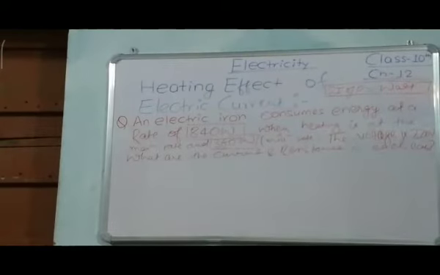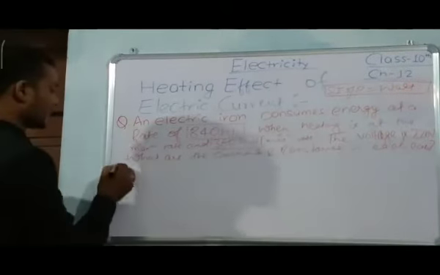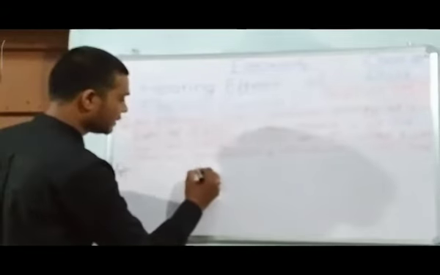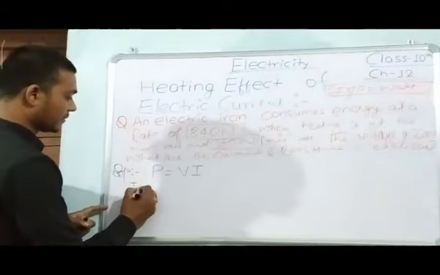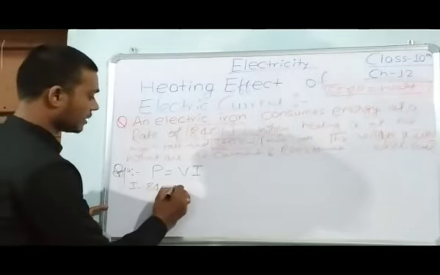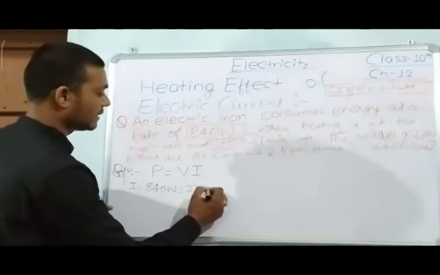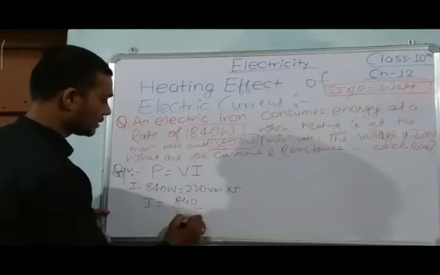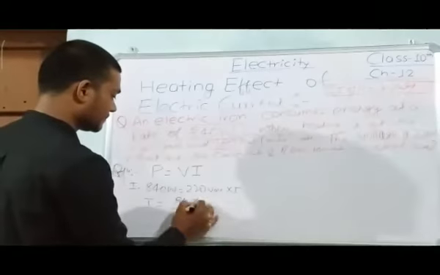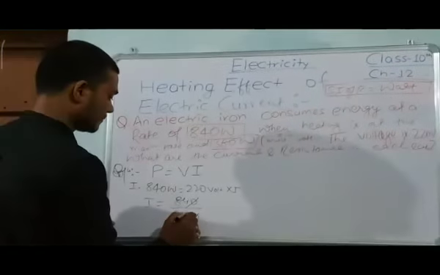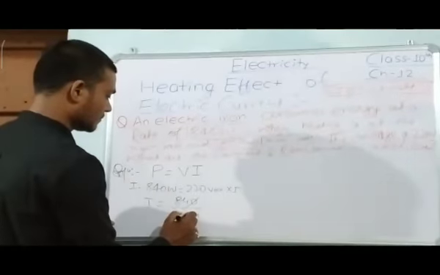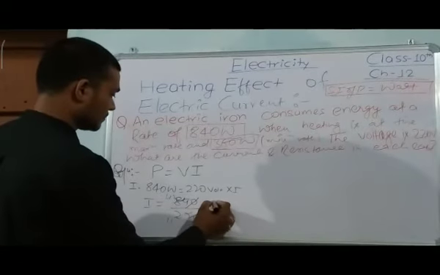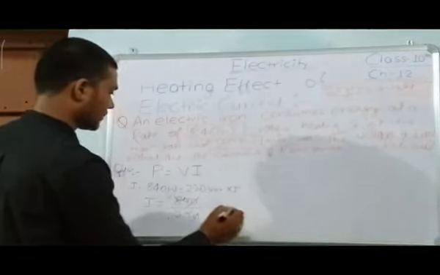We know that power is equal to V into I. In first case we have power 840 watt equals potential difference 220 volt into I. So I is equal to 840 upon 220, which is 42 upon 11 ampere. So this is first case.